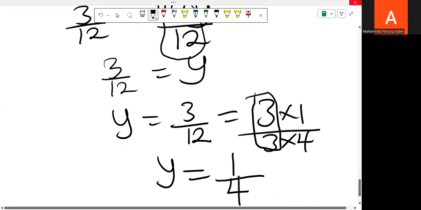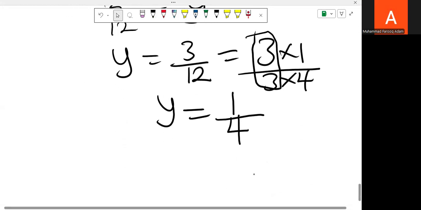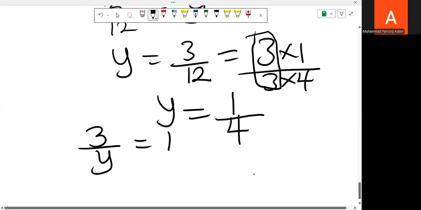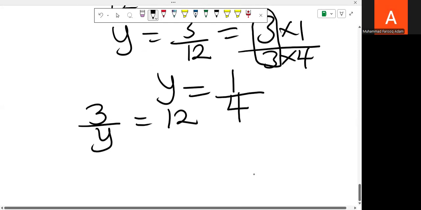You can also get our answer in fraction. For you to know, the question says 3 over y is equal to 12. So now we have our y to be 1 over 4. And what this means is 3 divided by 1 over 4. How is it equal to 12?